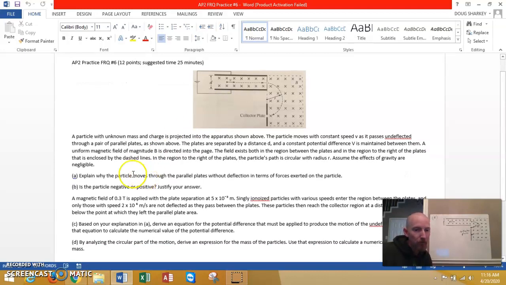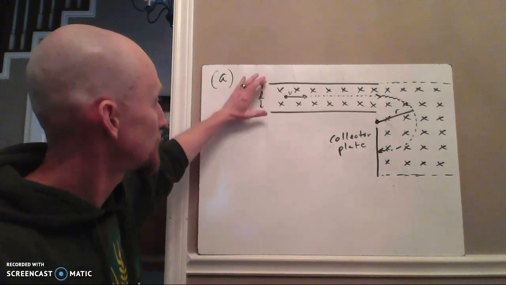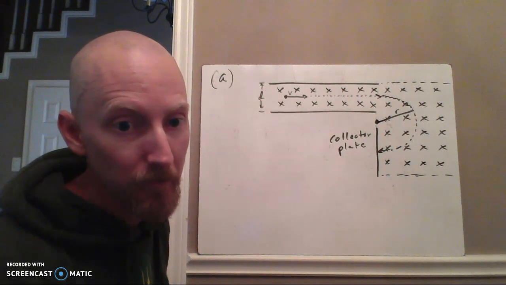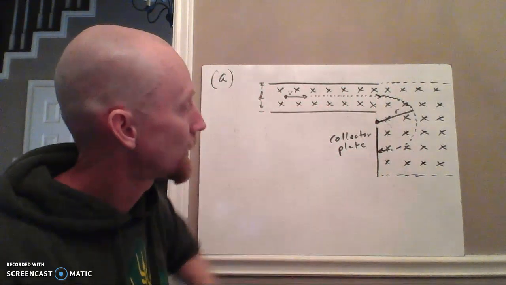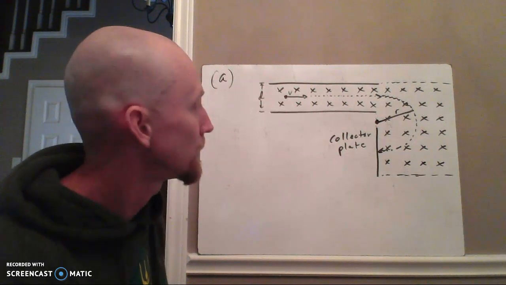The first question asks, why does the particle move through the parallel plate section in a straight line? So you have these parallel plates, and there's an electric field generated by those plates. These little X's are our magnetic field.